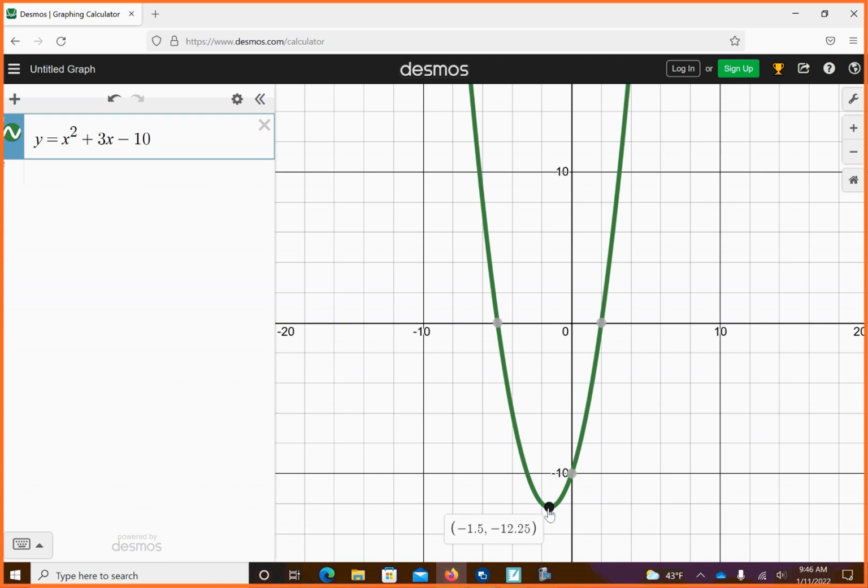Okay, now this particular problem on number 7 said we want to know where, so they have it written on number 7 on our notes as x squared plus 3x minus 10 is less than or equal to 0. So less than or equal to 0 means it's below the x-axis.